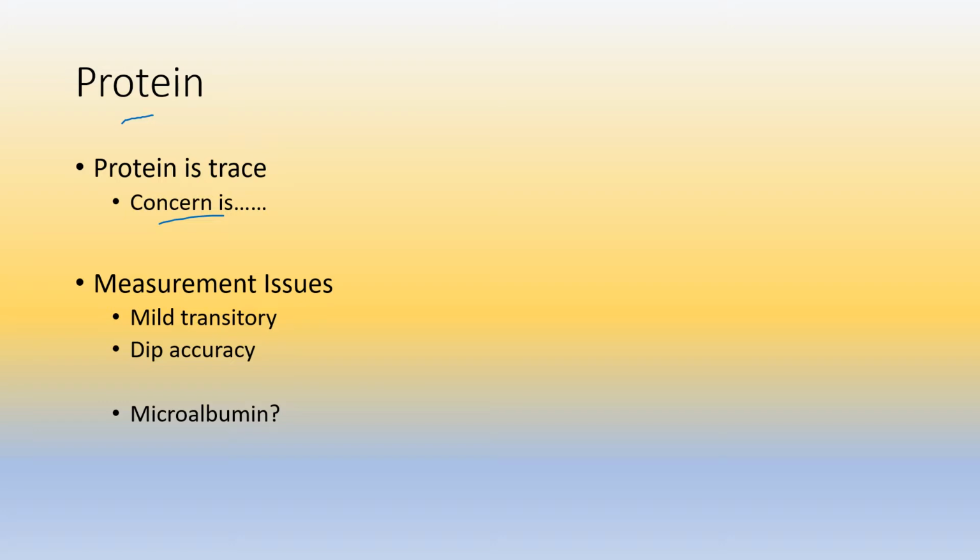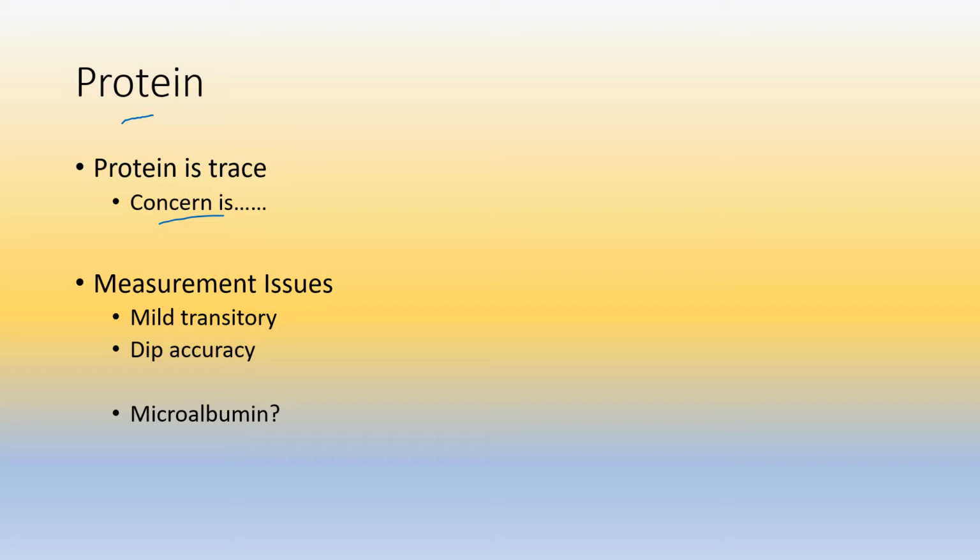It's also possible that it's related to her infection, may even be artifactual on the dip, just because there's other things in the urine. So it can be a mild transitory.